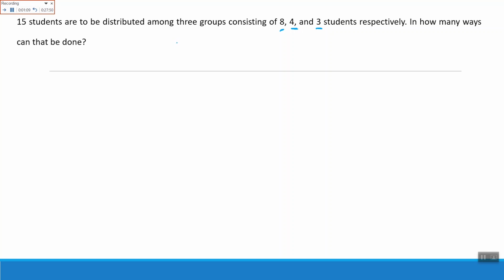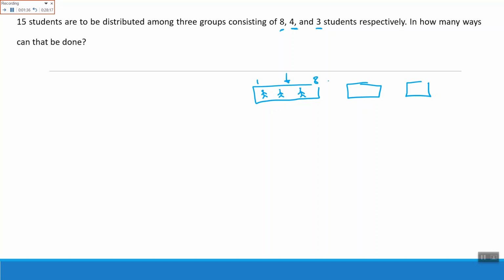So if this is the first group, and this is the second group, and this is the third group, if Ahmed is the first one here, or the third, or the fifth, it doesn't matter, because he is still in the same group. From 1 to 8, he is still in the same group.